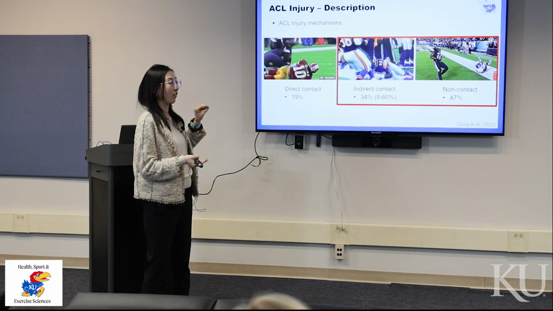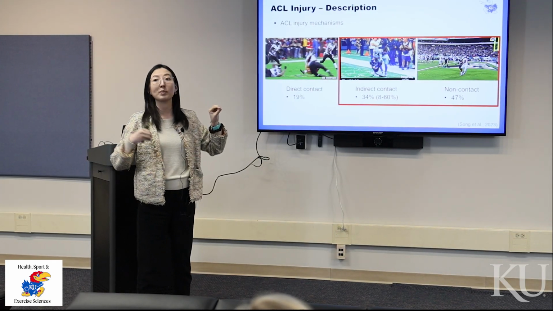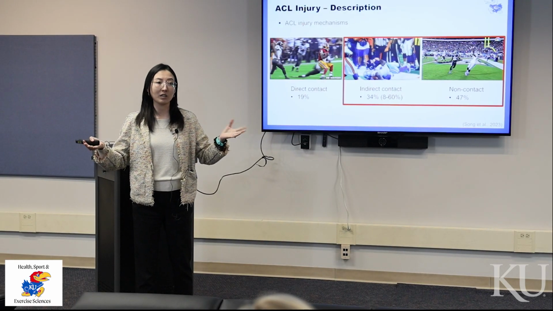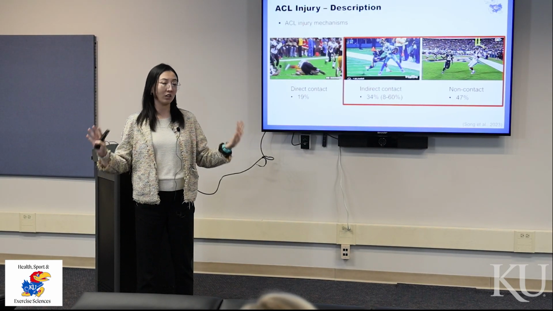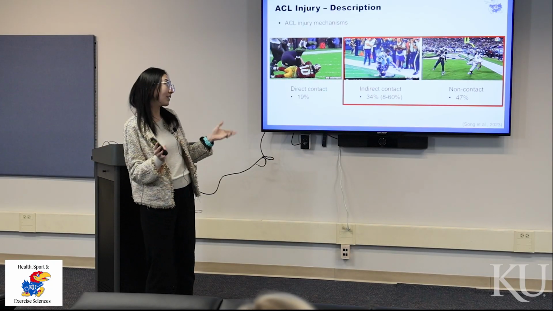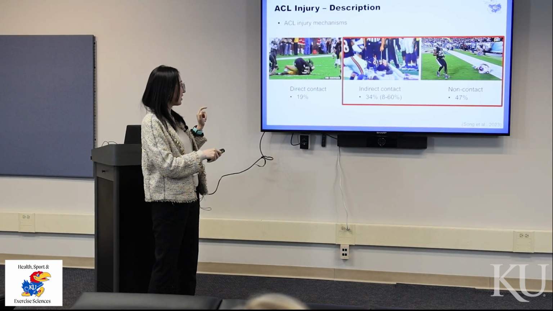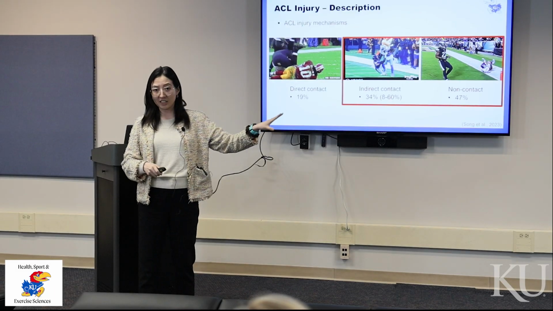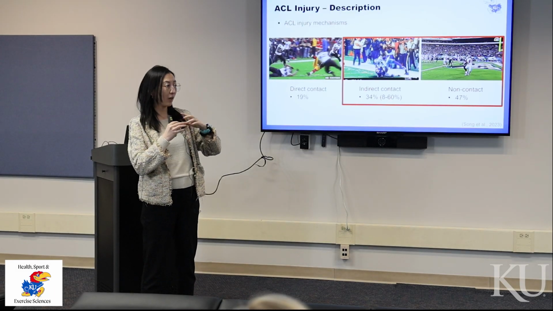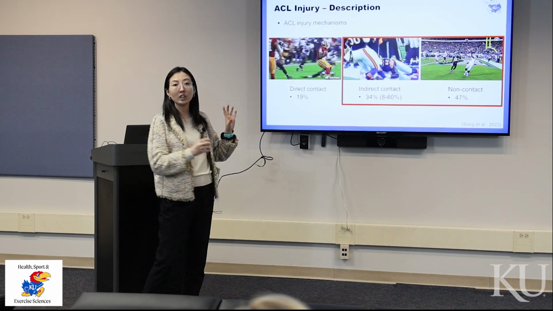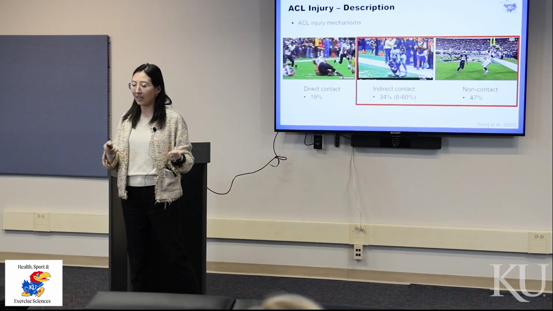Otherwise, if you're thinking about direct contact, how will you be able to predict or prevent? It's going to be don't contact me, I'm good, leave me alone. So this is not the case for ACL injury. And previously, most of the studies are looking at the non-contact. So for our study, one of my research trajectories, the primary focus, is really looking into the indirect contact.